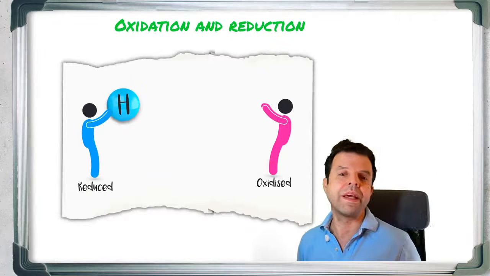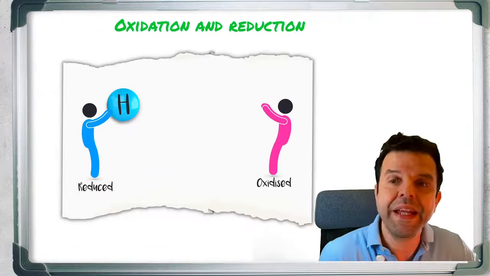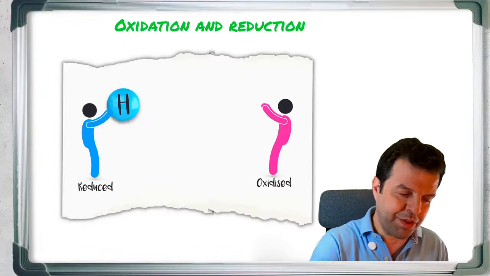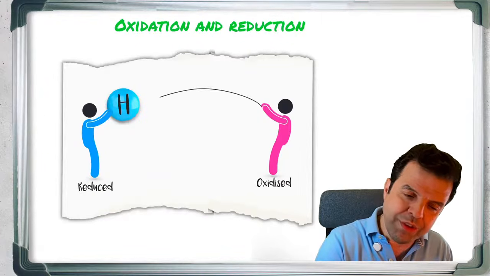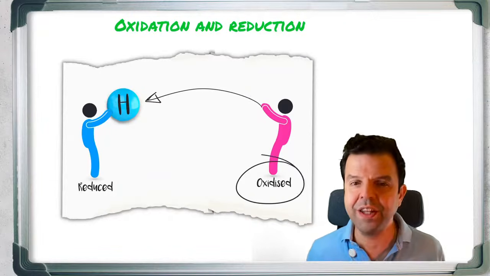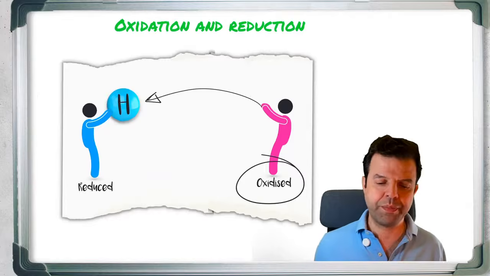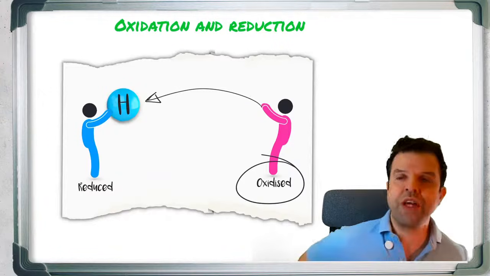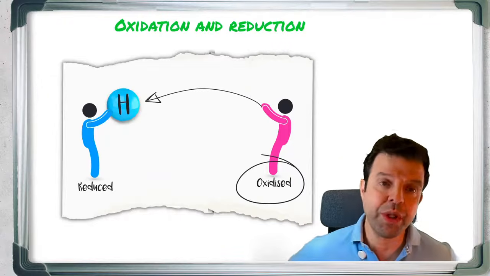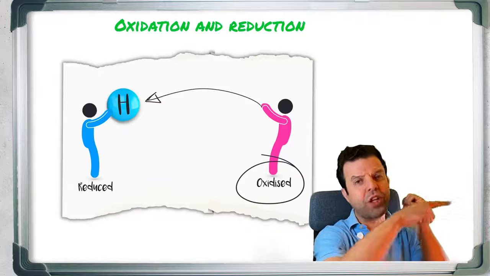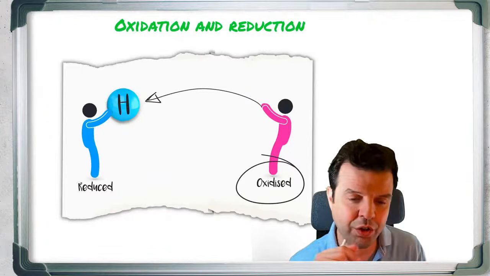So if something gains a hydrogen, then it's getting reduced. The opposite is opposite. If somebody loses this hydrogen, then it's getting oxidized. One more time. In the context of biology, oxidation reduction is quite simple. It will only involve gain of hydrogen is reduction, loss of hydrogen is oxidation.